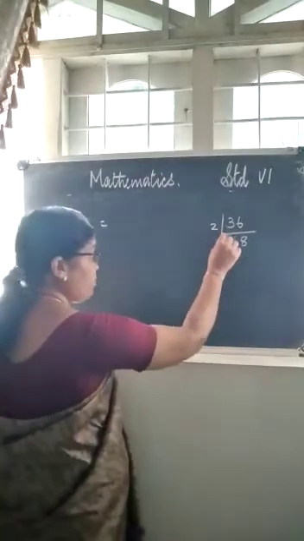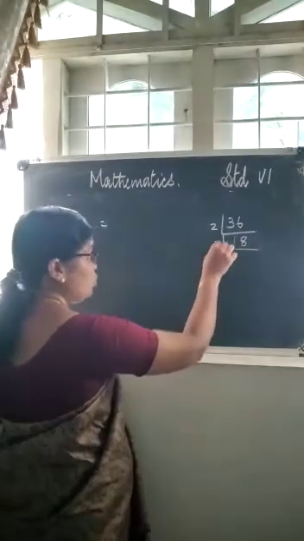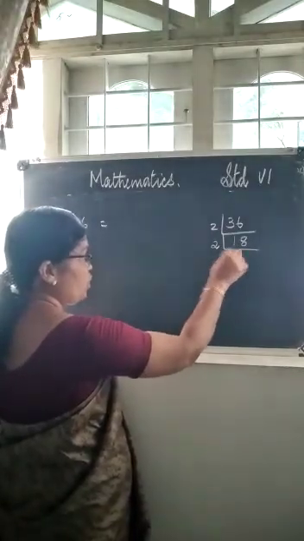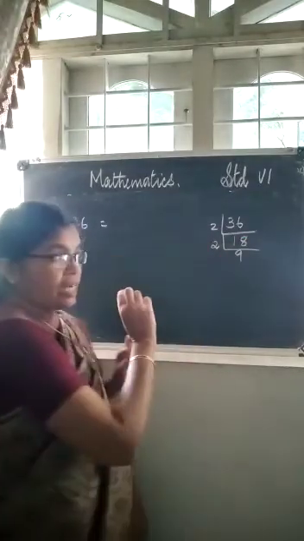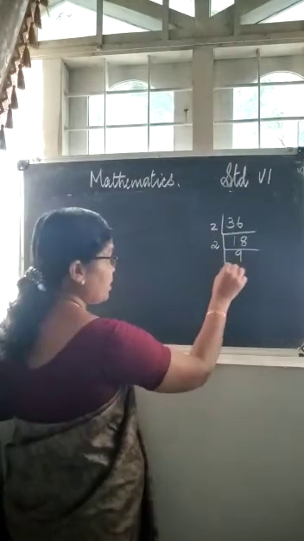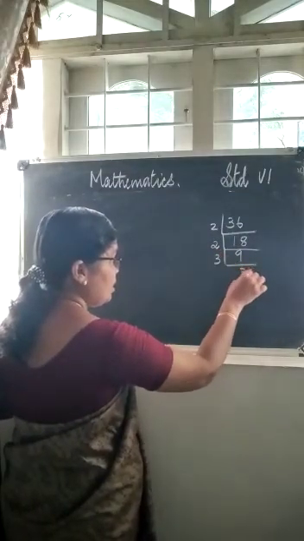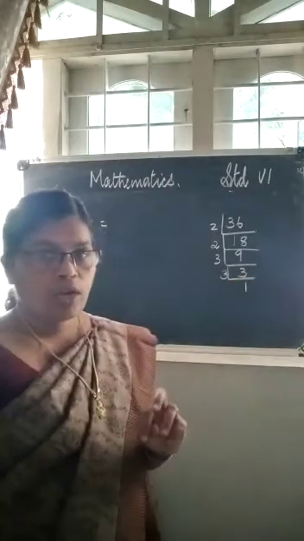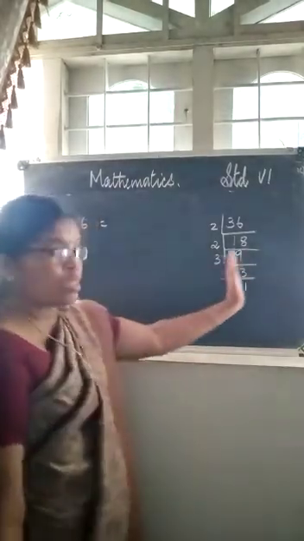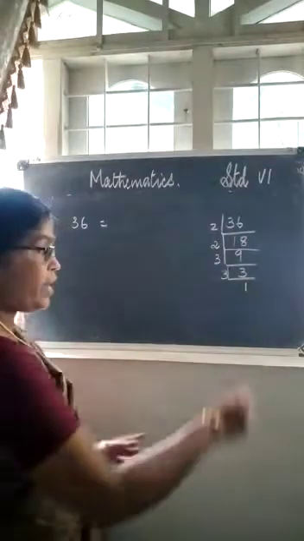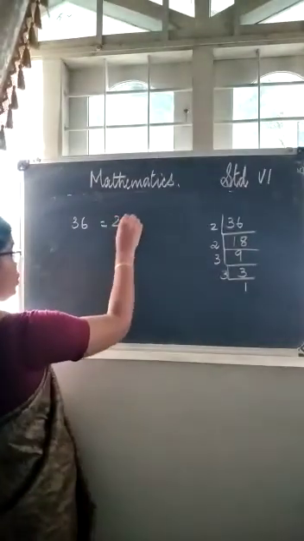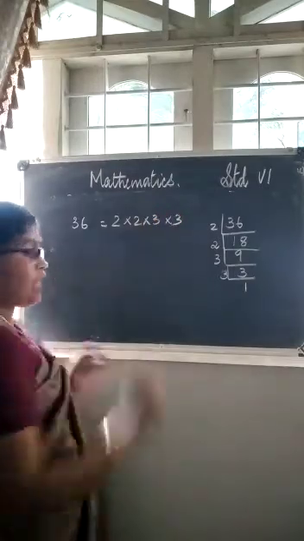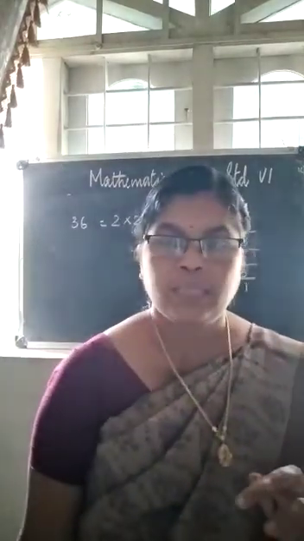Again 18 can be factorized by 2. 2 into 9 is 18. Then 9 can be factorized, 3 3s are 9. Then 1. Okay, this is the prime factorization of 36. We have seen the prime factors 2 into 2 into 3 into 3. These are the prime factors of 36.